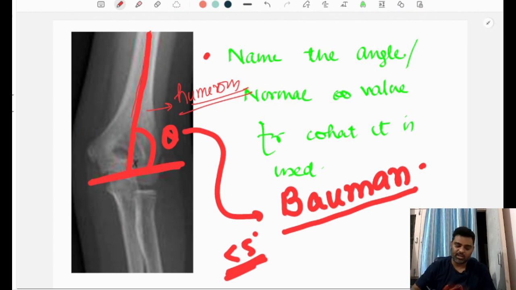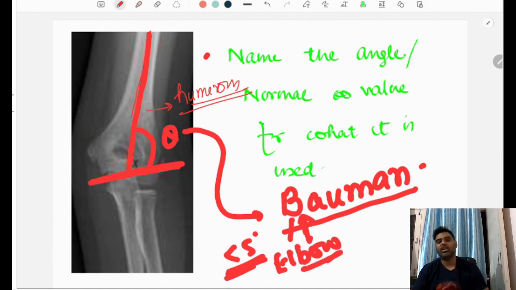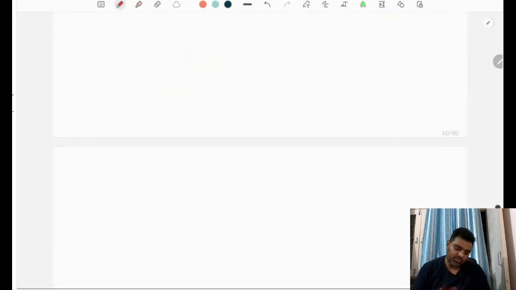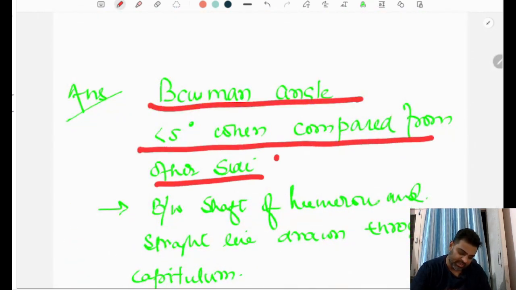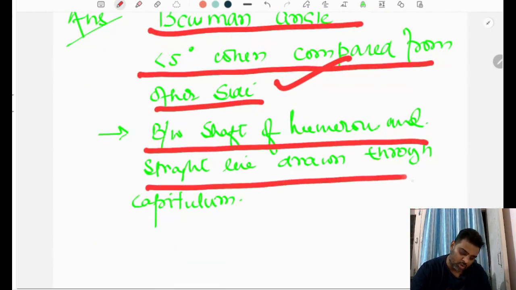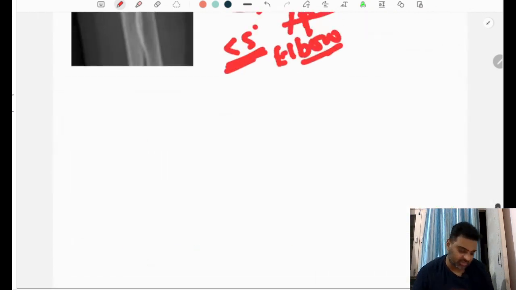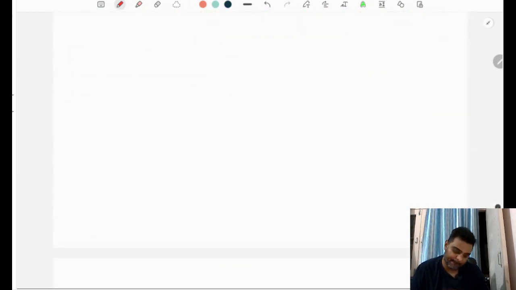You can remember Baumann from elbow: 'Bow' says Baumann angle. So this is the Baumann angle, between the shaft of the humerus and a straight line drawn through the capitulum or lateral epicondyle. Please remember this question.